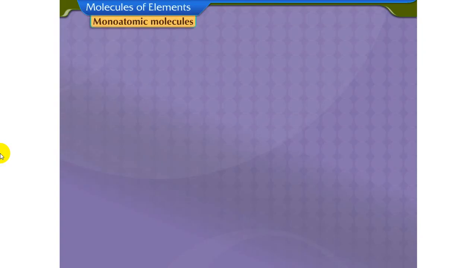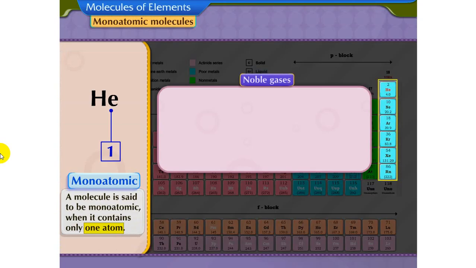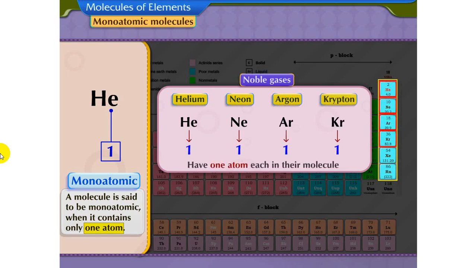Monoatomic molecules. A molecule is said to be monoatomic when it contains only one atom. For example, the noble gases like helium, He, neon, Ne, argon, Ar, krypton, Kr have one atom each in their molecule.